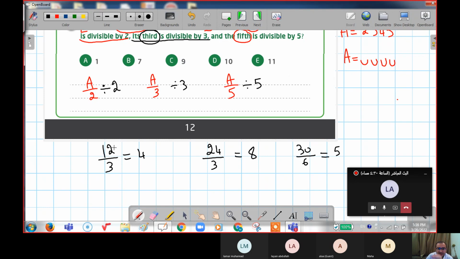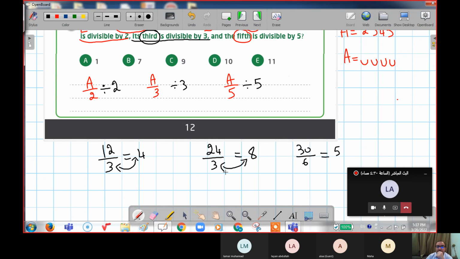The rule says if the number is divisible by any number, it will be divisible by the multiplication of the two numbers. Here, 12 is divisible by 3, so 12 will be divisible by what? By the multiplication of 3 and 4. 24 must be divisible by what?